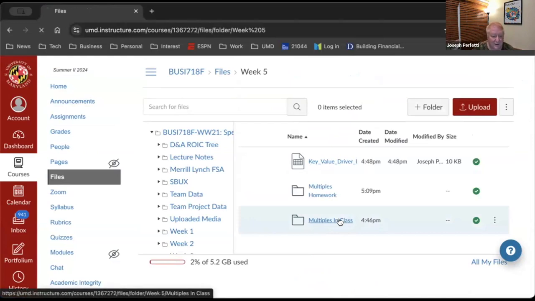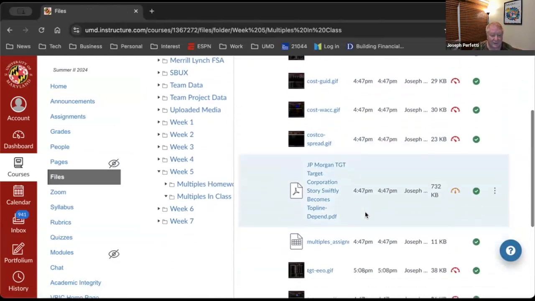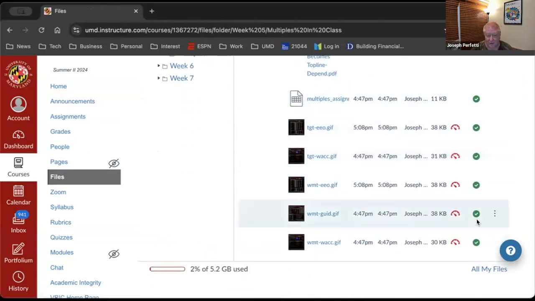Okay. So the companies that I put in here are Costco, Target, and Walmart. These are all the screenshots and analyst reports that you need to basically do this exercise, right?